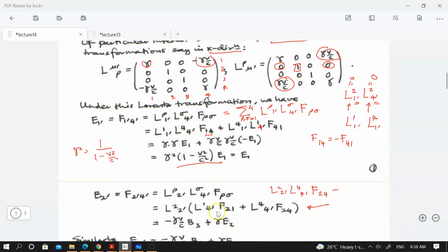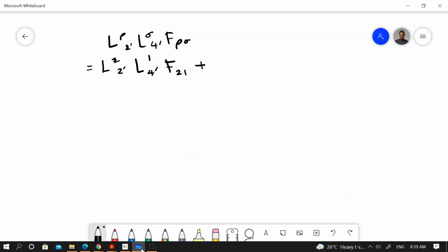So L22 dash L14 dash, and then L22 dash L44 dash. Okay, so that gives me over here F24. Okay.